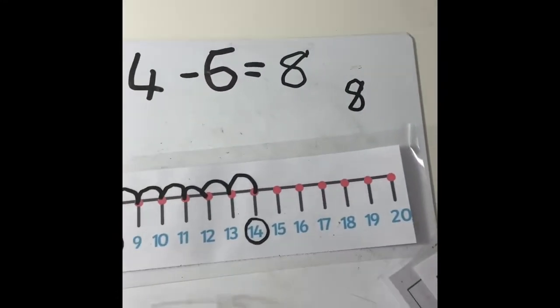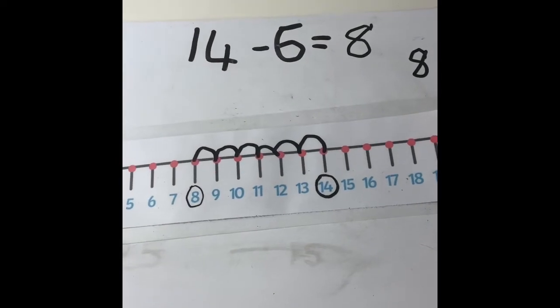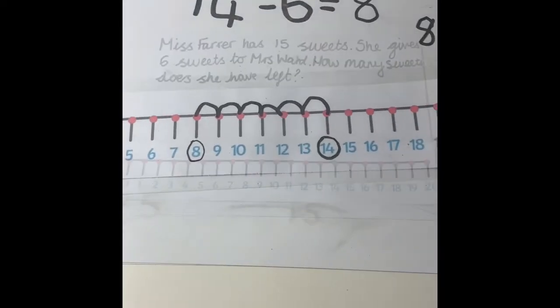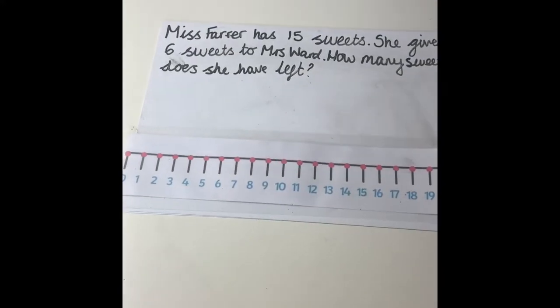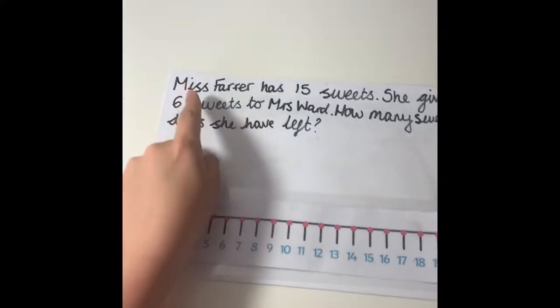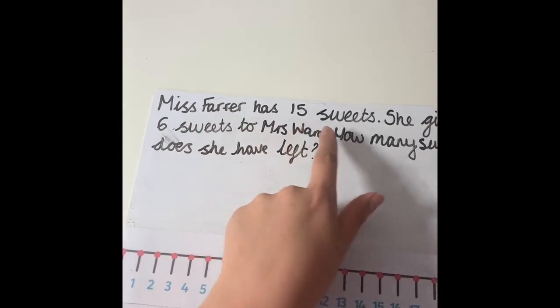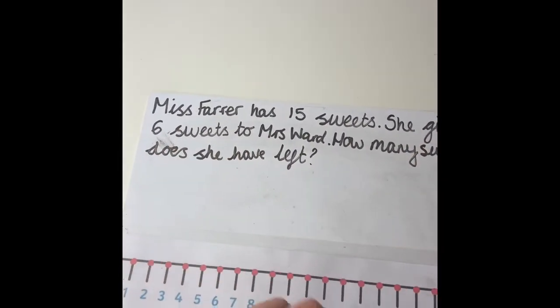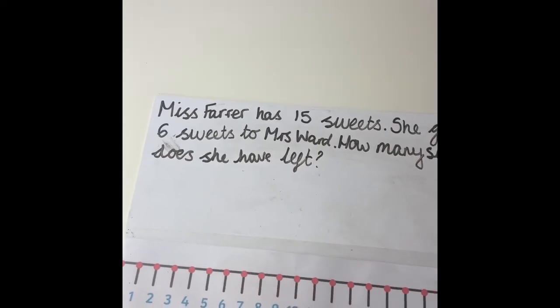What I would like you to do now is pause and have a go at question 1 on your worksheet. Come back for question 2. Okay, so this is my next question. Miss Farah has 15 sweets. She gives 6 sweets to Mrs. Ward. How many sweets does she have left?